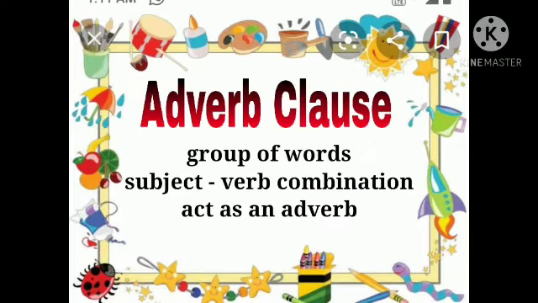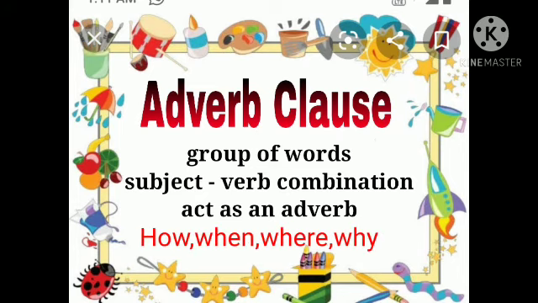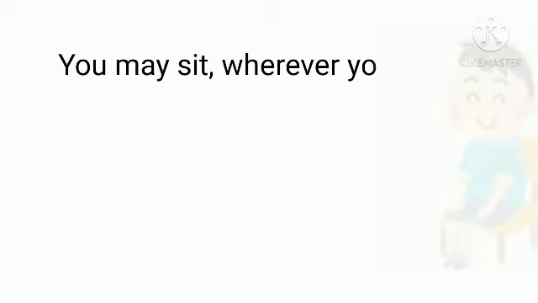Adverb clause. An adverb clause is a group of words which contains a subject and predicate of its own and does the work of an adverb. It answers the adverb questions like how, when, where, or why. For example, you may sit wherever you like.